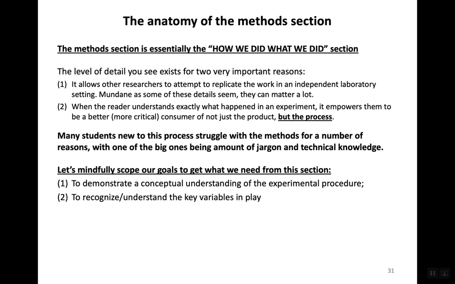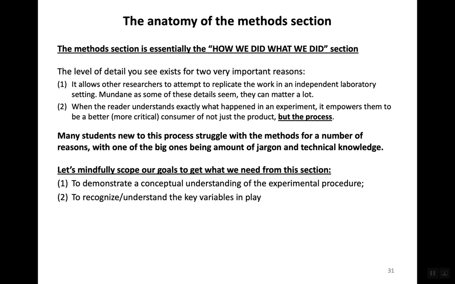So then if you're a student in cognitive neuroscience and you don't have a lot of experience reading methods sections, how would you be able to demonstrate or improve your understanding of this section of a paper? Well, first of all, I would emphasize the fact that you need a conceptual, a broad understanding of the experimental procedure.